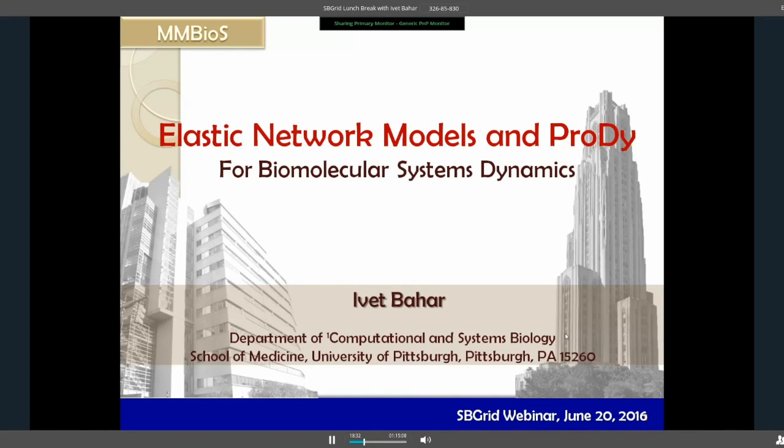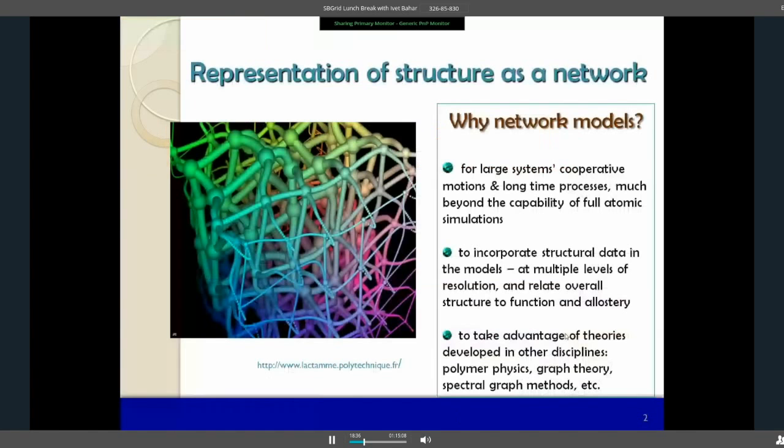Essentially, both the model and the interface were developed for analyzing biomolecular systems. They adopt a network representation. And here on this slide, I'm just trying to say that network models are very useful for several reasons, and here are three of them.